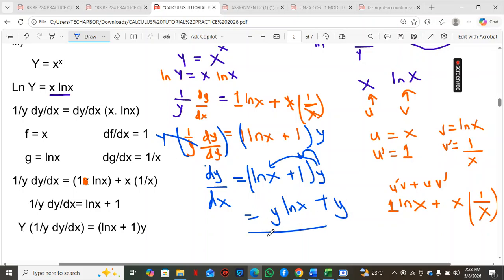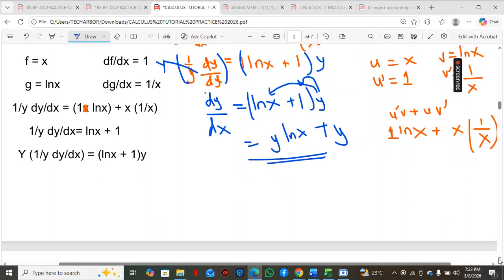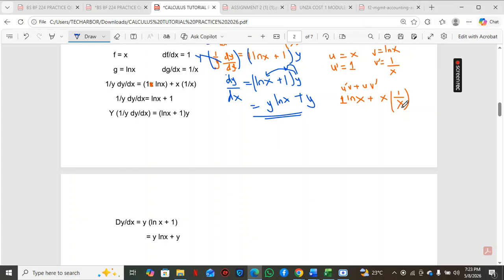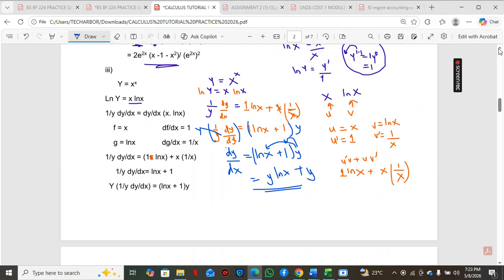So this is the answer: y natural log of x plus y. Remember these are questions from your past papers. So you might see this question. Yes, that's how you derive this.